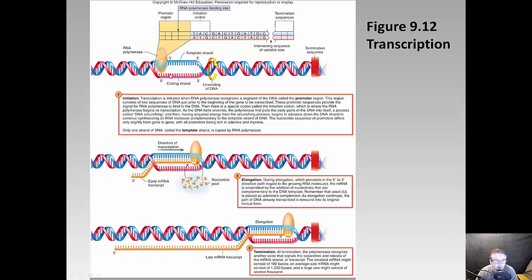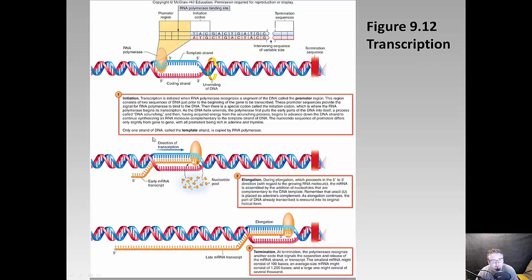Now, if you remember, I said that only one side of the DNA contains the genetic information. Here we're looking at one side called the coding strand, the other called the template strand. So information is found on only one side. This enzyme is going to line up here, and it's going to use the template strand to create an extra copy.